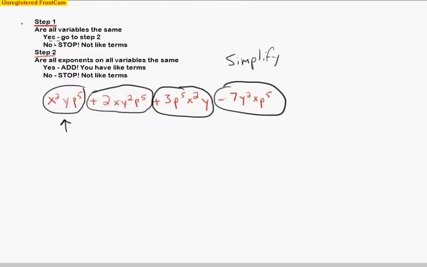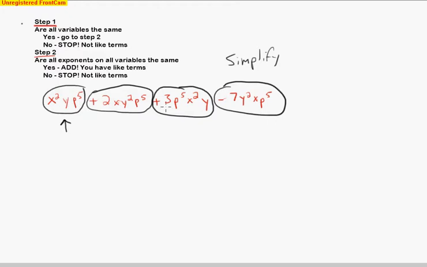So it passes step 1, so we'd go to step 2. Are all exponents on all the variables the same? Here you have x squared, here you have x to the 1st, so it does not pass that test. Doesn't matter if y and p would have matched up. For example, both p's are p to the 5th. But it says all exponents on all variables the same. So these first 2 terms are not like terms.